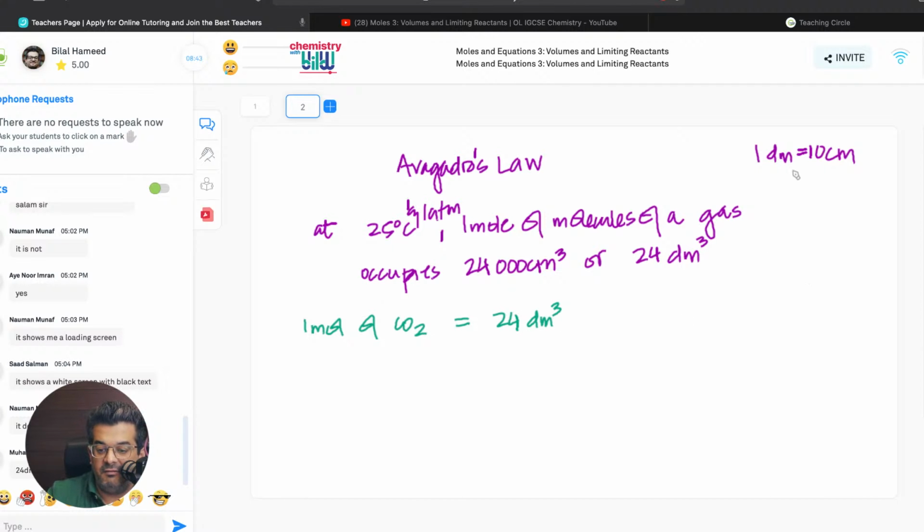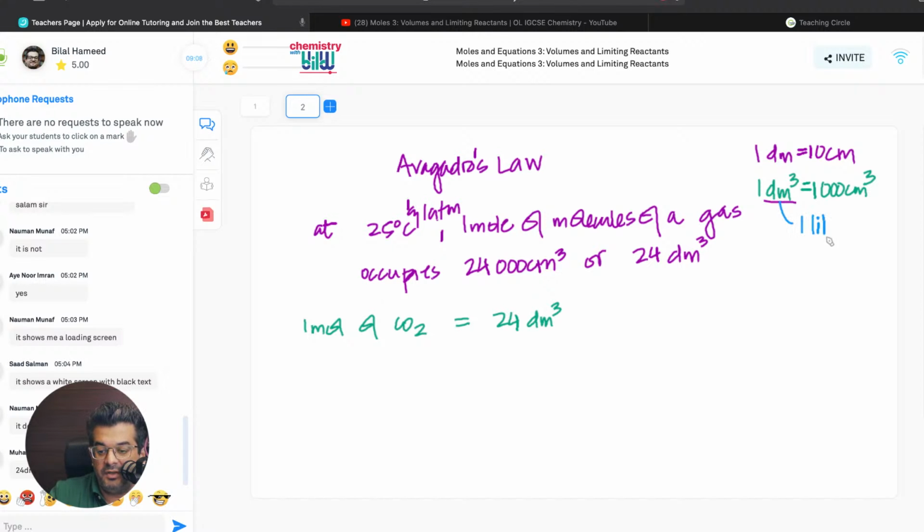And by the way, one thing you need to remember: 1 dm³ is 1000 cm³, just like 1 decimeter is 10 centimeters. And 1 dm³ in our everyday English is what we call a liter.